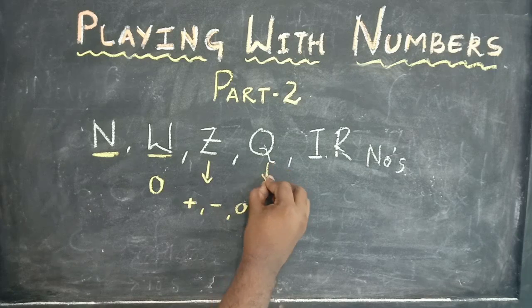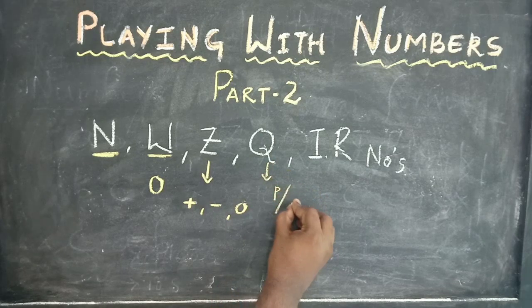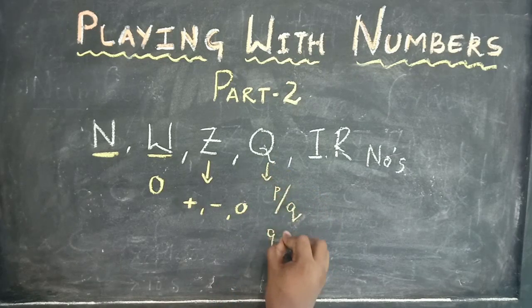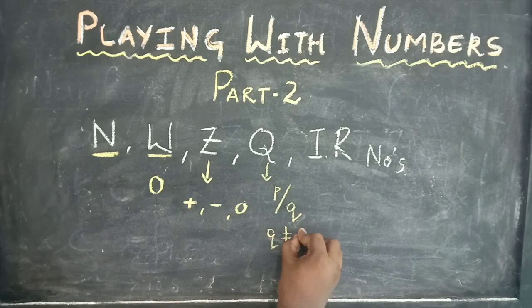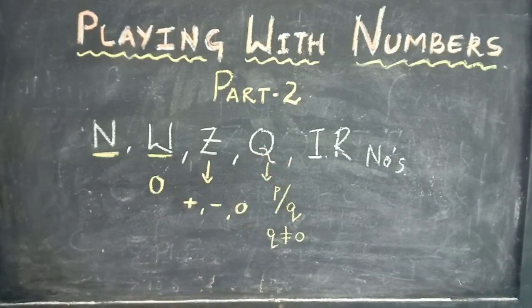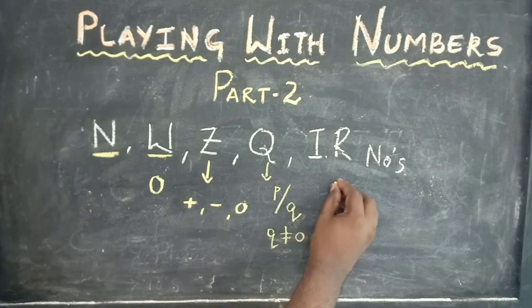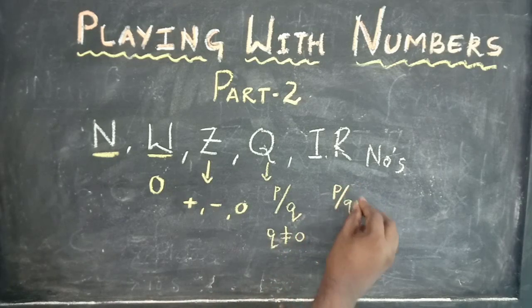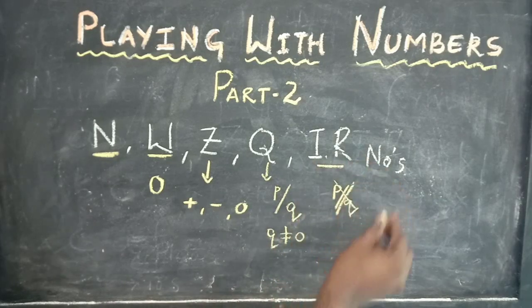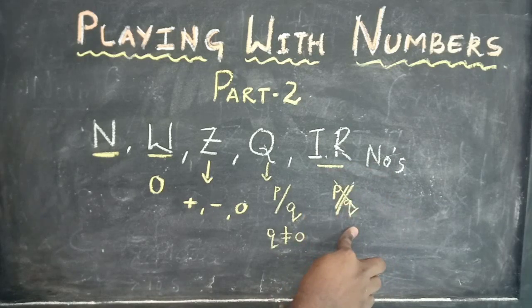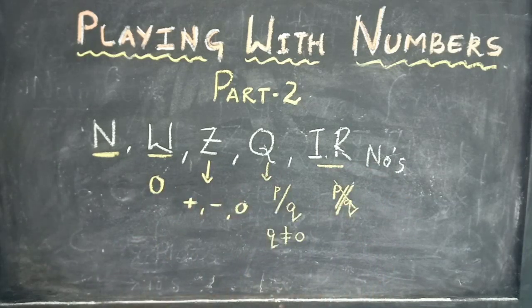The number which can be expressed in the form of p by q, where q should not be equal to 0, is called a rational number. The numbers which cannot be expressed in the form of p by q are called irrational numbers. These are the various types of numbers which you have learnt in the previous class.